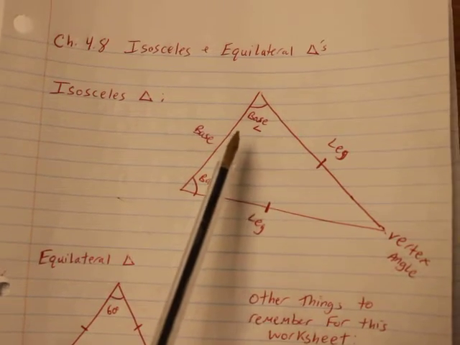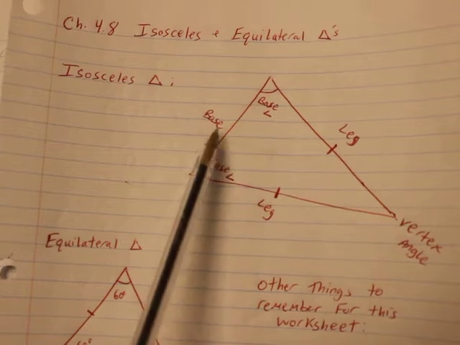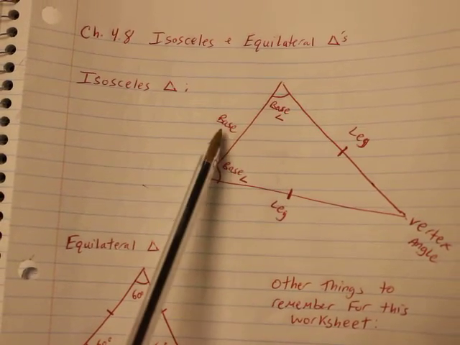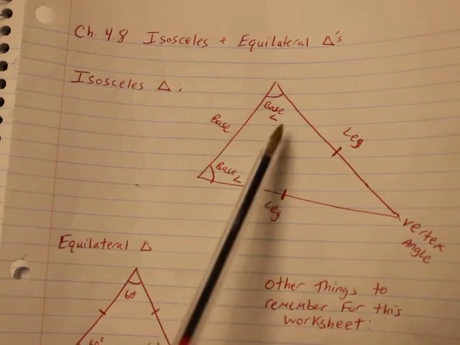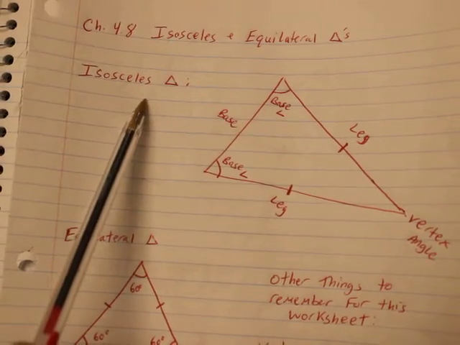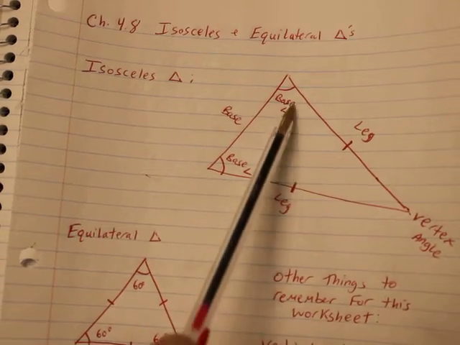Now the other side of an isosceles triangle is called the base. So you've got your two congruent sides, which are called legs, and then you've got the other side, which is not congruent to those, that's called the base. The two other angles of a triangle that's isosceles, that is not formed by the congruent sides, those are called the base angles.